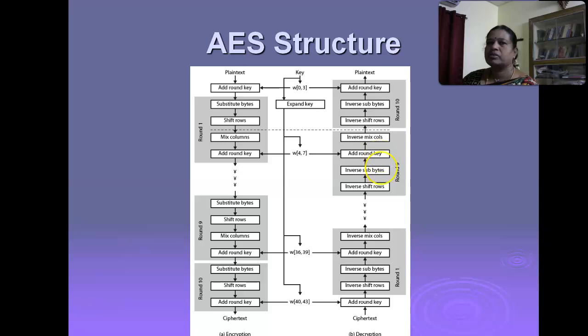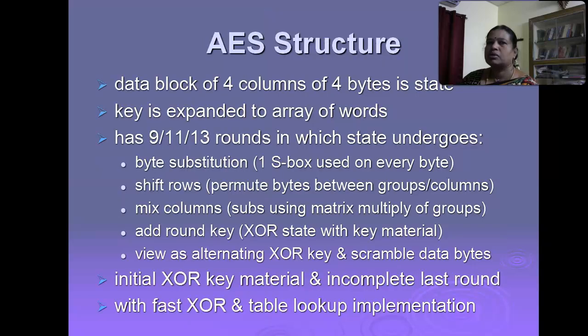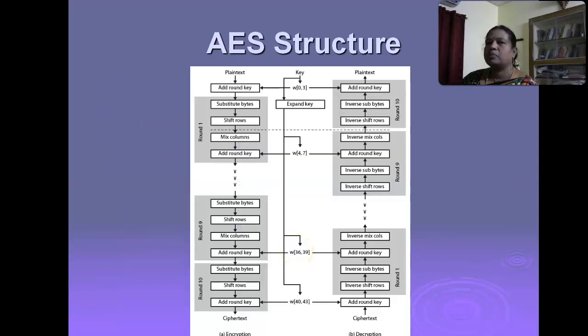In the AES structure, we discuss the data block of 4 columns of 4 bytes, the key expansion and substitution box, shift rows, mix columns, add round key, and the XORing operation as an alternative: initial XOR key with fast XOR and table lookup implementation.